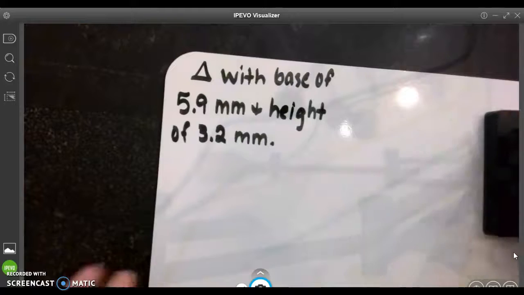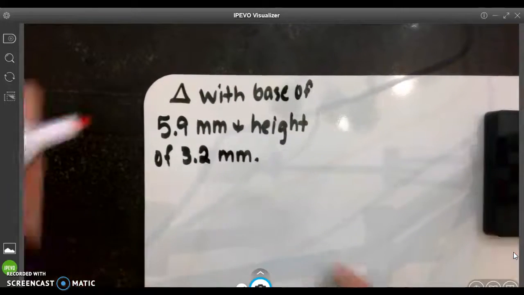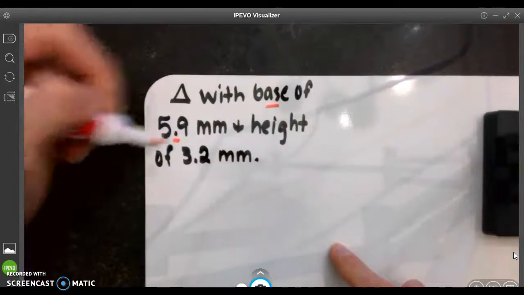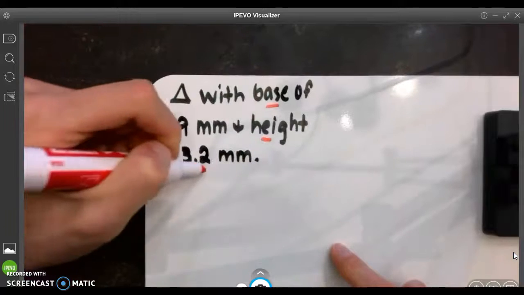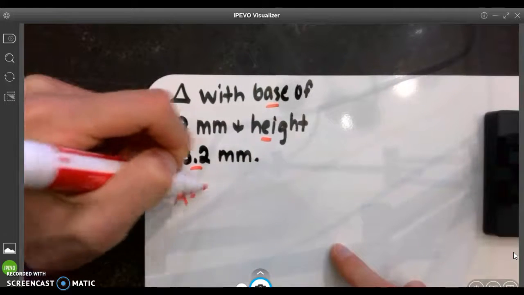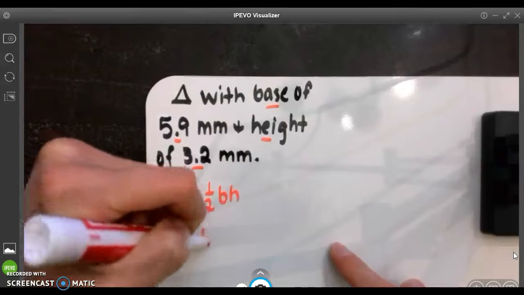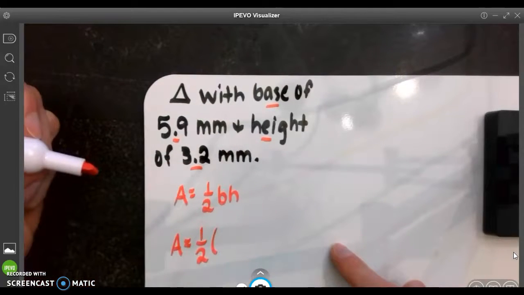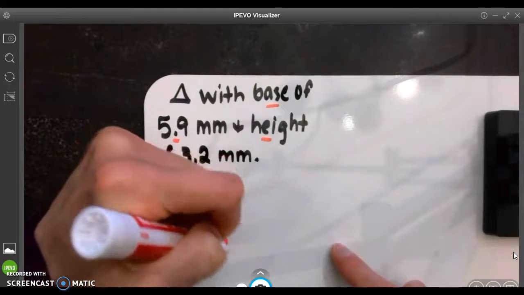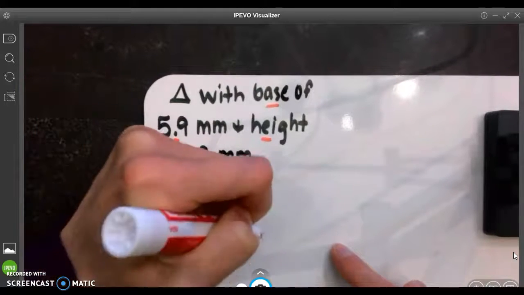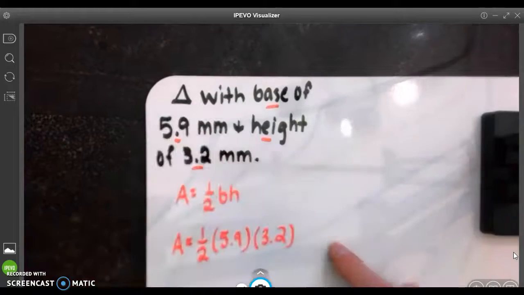One more. The last one was another one with just words, but with a triangle with a base of 5.9 and a height of 3.2. So the formula is area equals 1/2 base times height. When I plug in what I have, area equals 1/2, base is 5.9, height is 3.2.